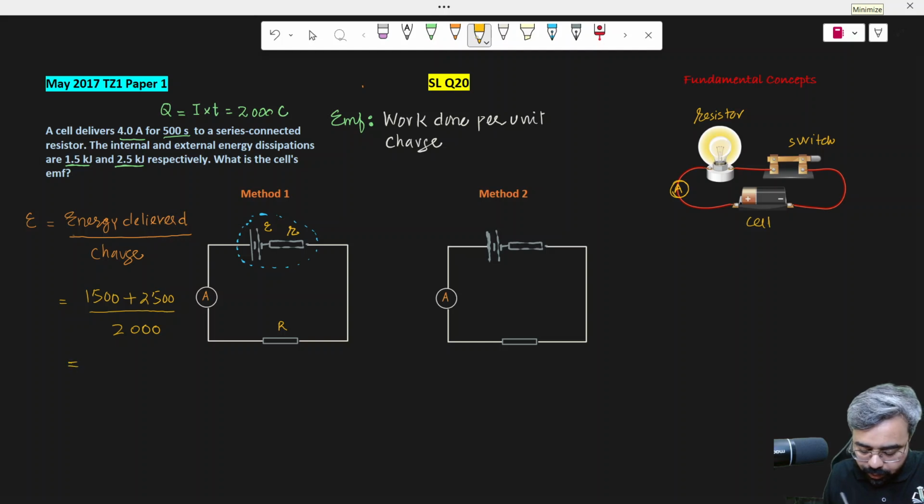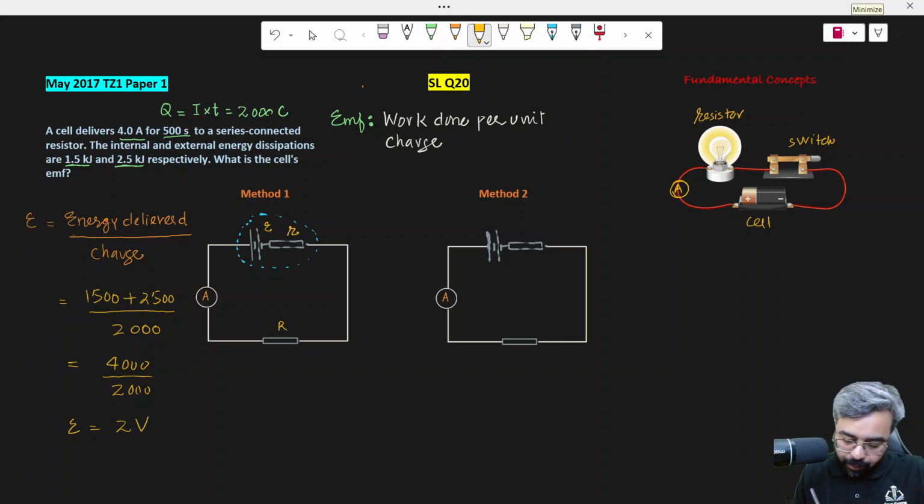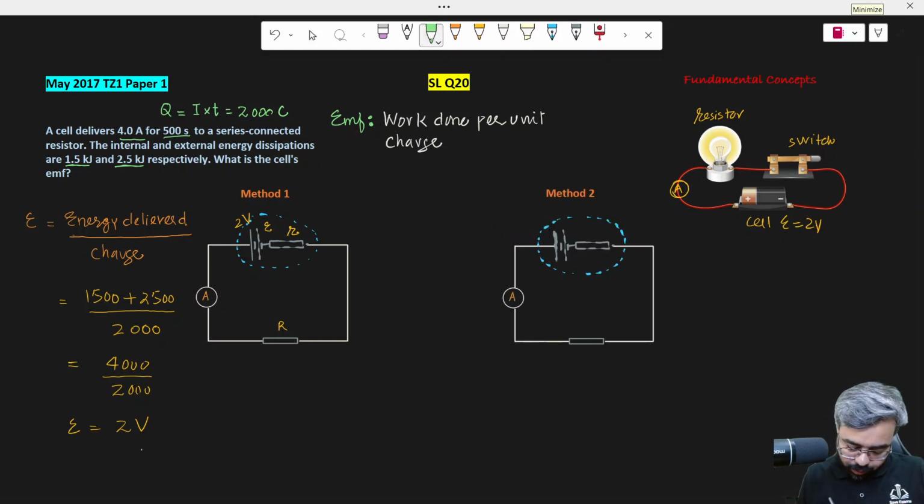That is equal to 4000 divided by 2000, which is 2 volts. So this is the EMF of this cell, and option D is the right answer, which says it is 2 volt.